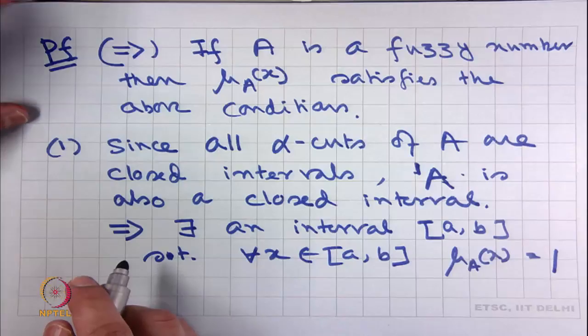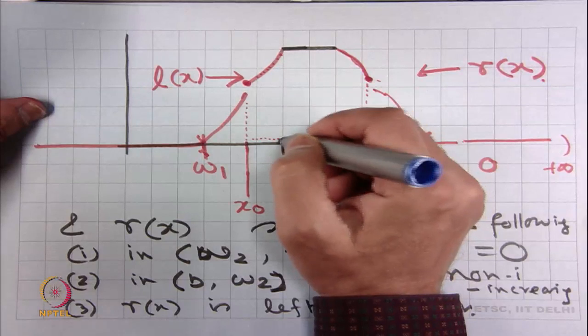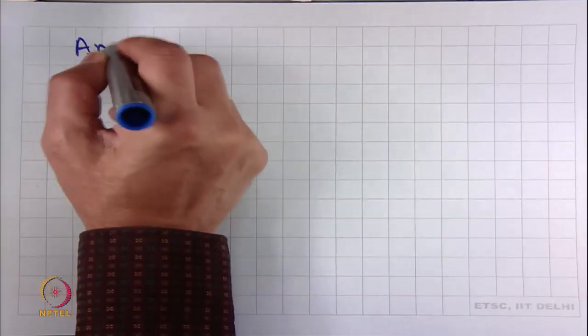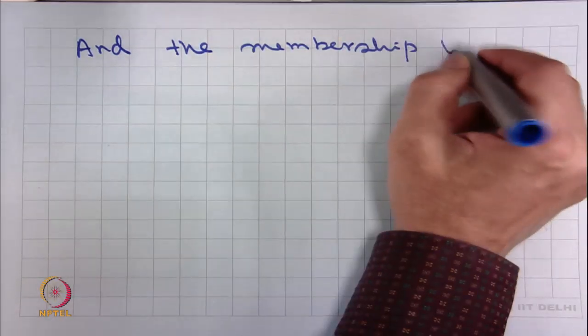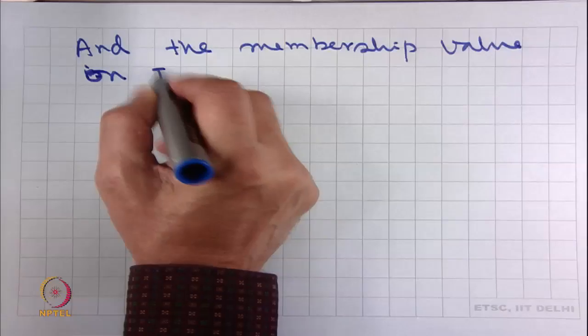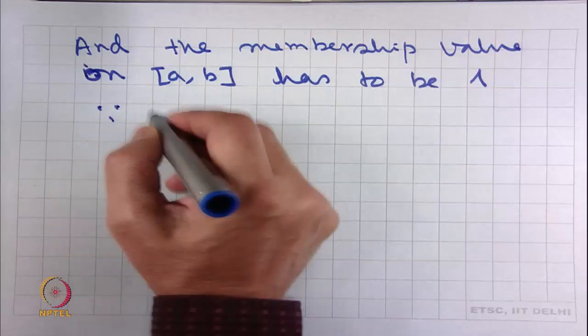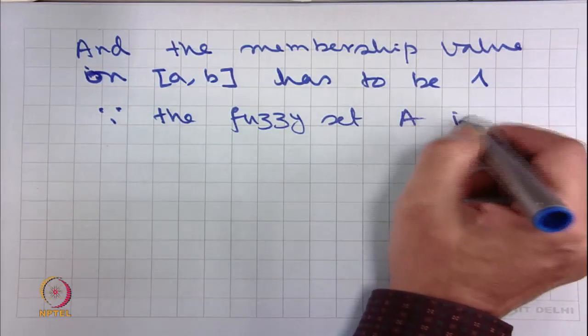So, this part of the characterization of the membership function is proved, or in other words, we will get such an interval on which the value is 1, and that it has to be 1 comes from the normality, and the membership value on A comma B has to be 1, since the fuzzy set or the fuzzy number A is normal.